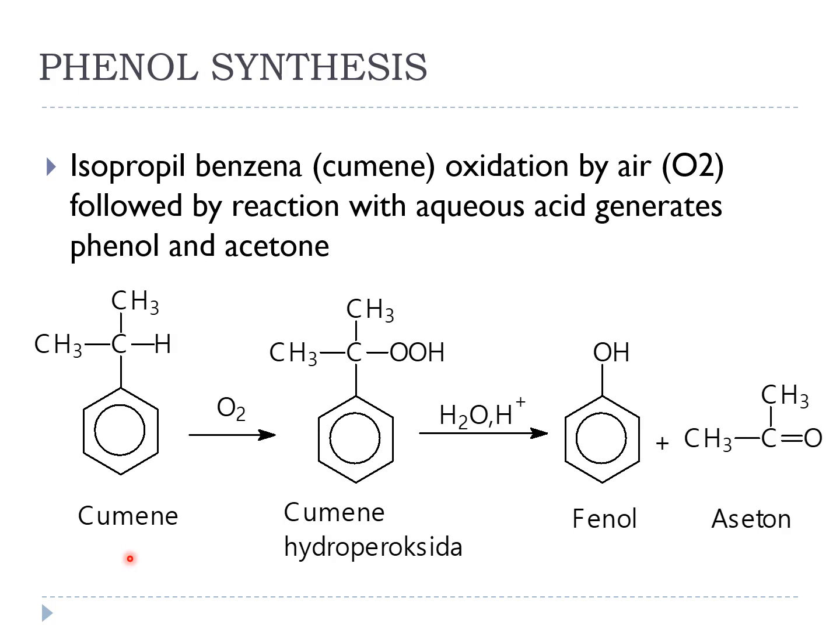Remember the previous slide, okay? But the oxidation of cumene by air or oxygen, the product is cumene hydroperoxide. Followed by reaction with the acid will generate the phenol and acetone, okay?